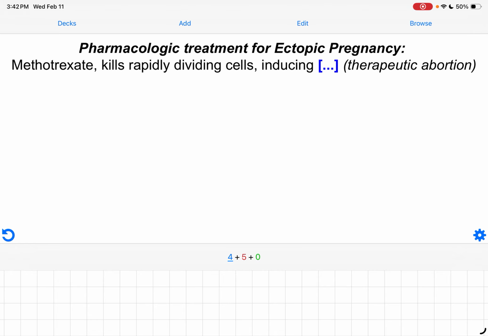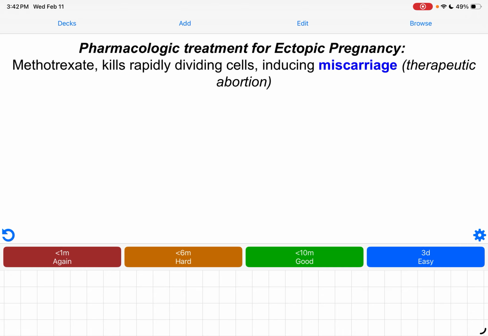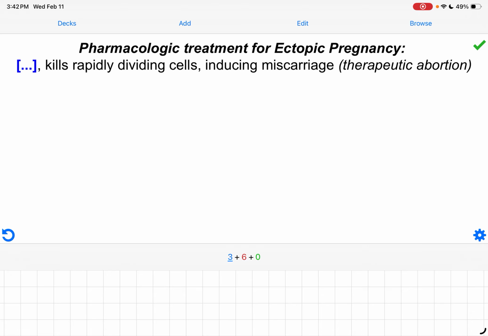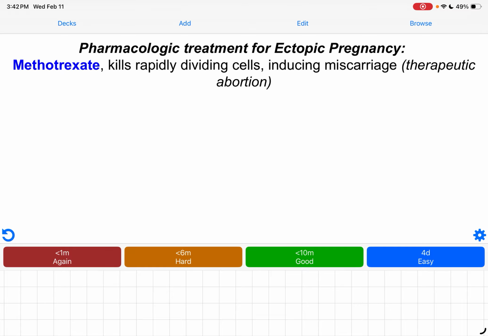The pharmacological treatment for ectopic pregnancy is methotrexate, which kills rapidly dividing cells, including the fetus, causing miscarriage or therapeutic abortion.